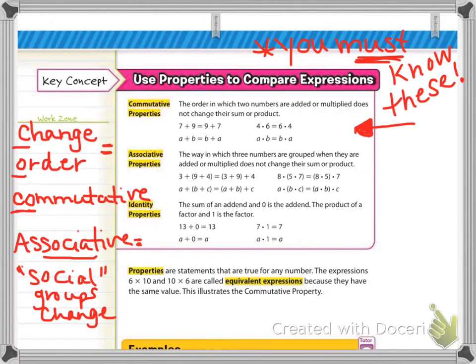You also need to know the associative property, which I said think about social groupings, and the numbers inside the parentheses are changing. Identity property we've also talked about, meaning the number doesn't lose its identity. We're talking about what happens when you multiply by 1 and when you add 0.